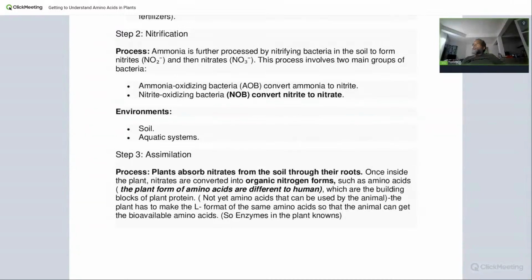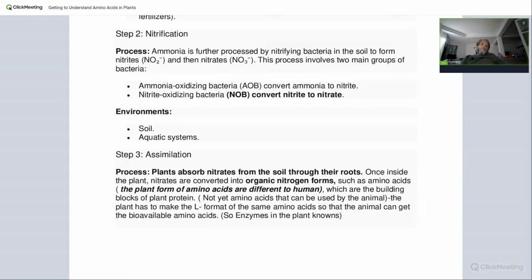And then the nitrates become nitrites, which is 3 oxygens to the nitrogen, and that is called nitrites. And that is ammonia oxidation bacteria, and the nitrite oxidation bacteria are doing this work. Bacteria are the ones in the soil doing this work.